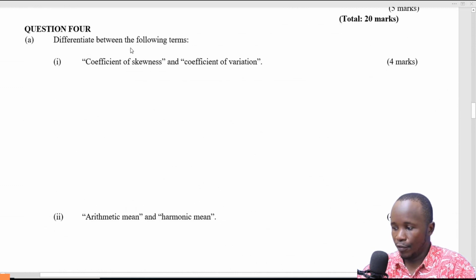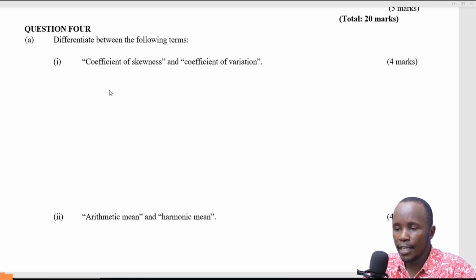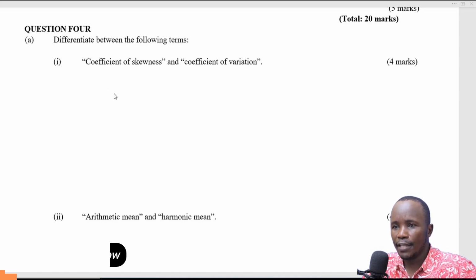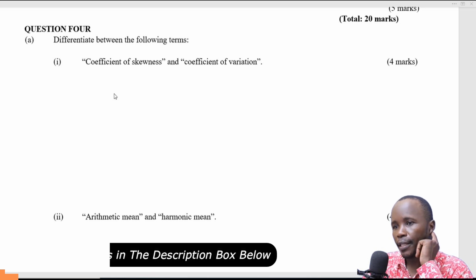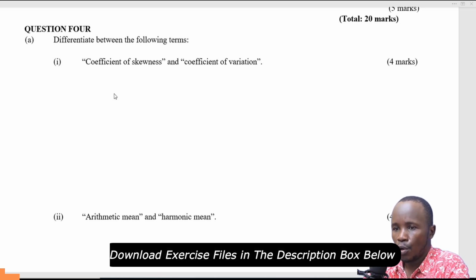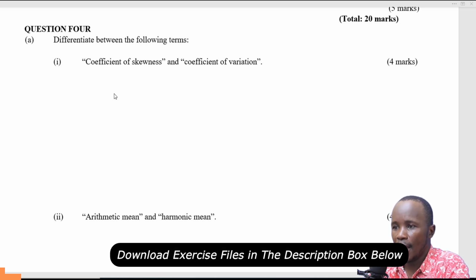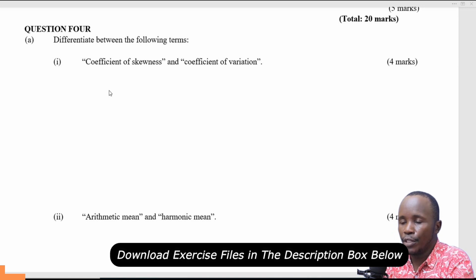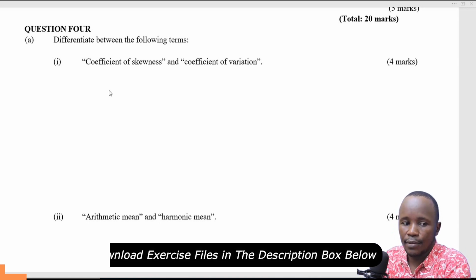We are going to look at the whole of it and check what was expected from students who were doing this exam at that time. The first question was, differentiate between the following terms: coefficient of skewness and coefficient of variation. This means that you need to define the two terms and show the difference.